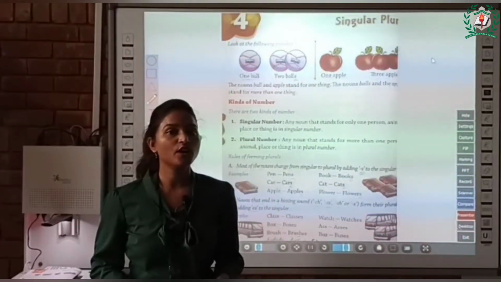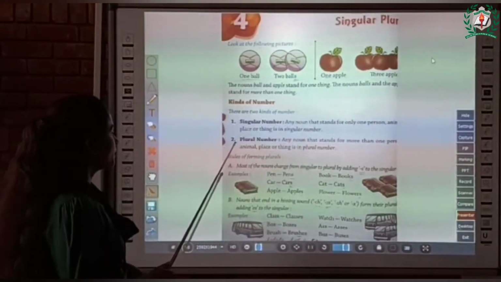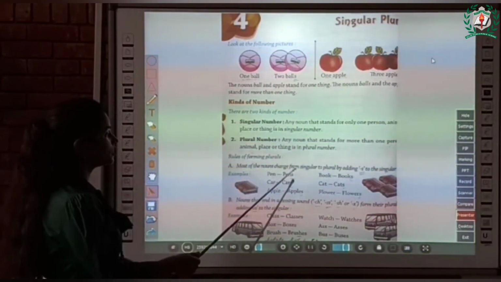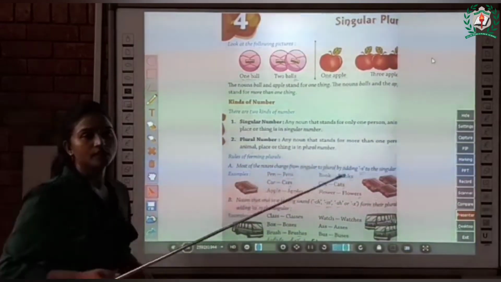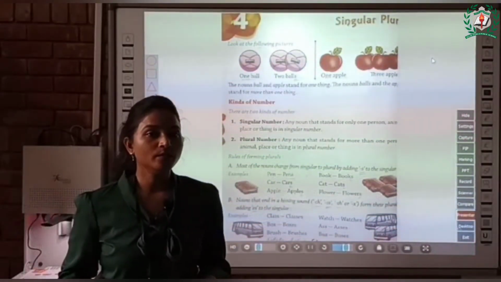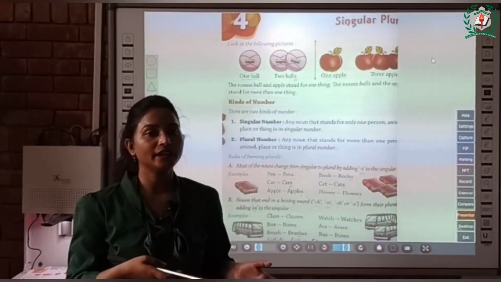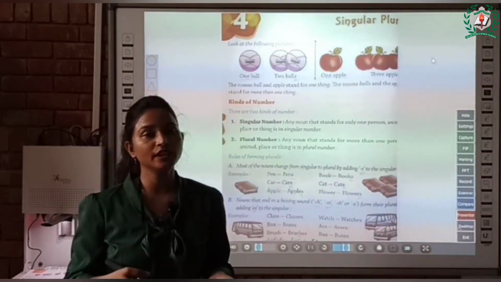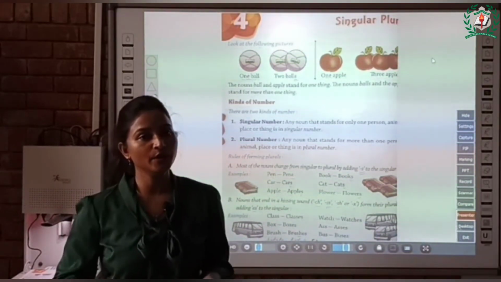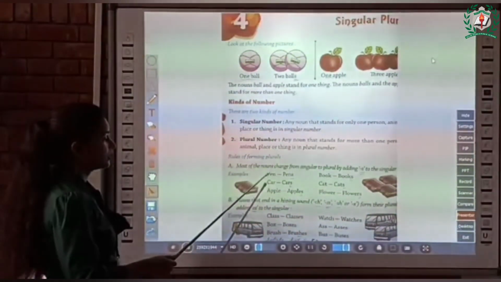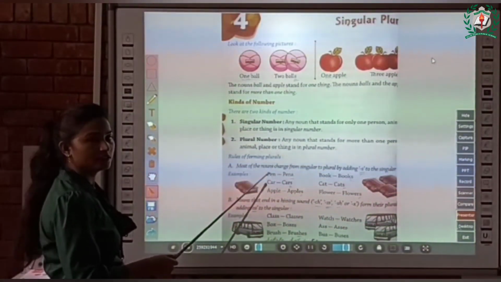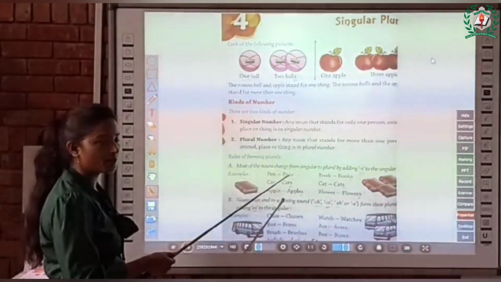So children, now look at rule number 1. Most nouns change from singular to plural by adding s to the singular. So we form plural nouns by adding the letter s to the end of the singular naming word. For example, pen. How will you change this singular naming word into a plural naming word?